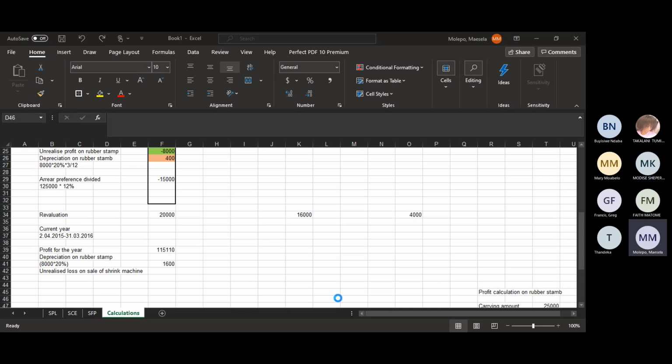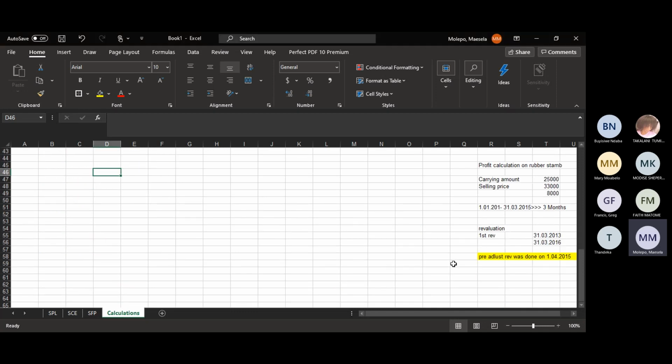Yes. So there are two ways. Sometimes they might not give you the loss. They say the machine had a carrying amount of, like the one of the rubber stamp, they didn't give you the profit straight. You have to calculate it by using this part. So you calculate the profit here. But suppose they give you that type of information for this one, whereby there's a loss.